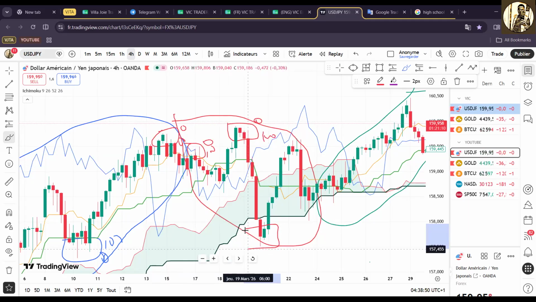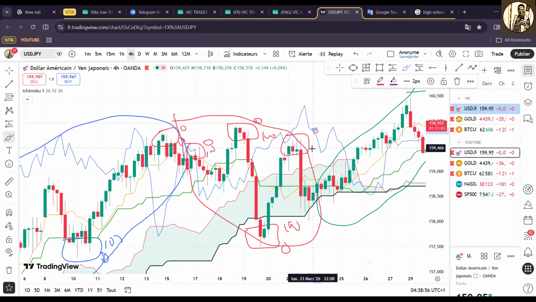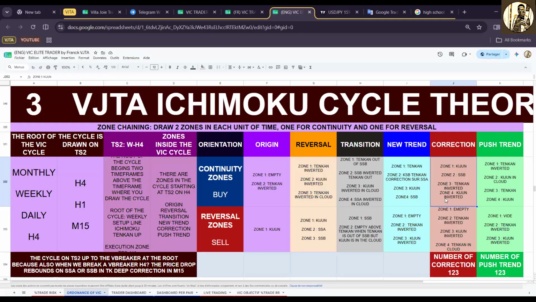But zone for continuity to the upside, you have this one, 0, 100, right? To upside. Zone for reversal, you have this 0, 100. And zone for continuity, you have this one, 0, 100. So continuity for correction are Kijun, SSB, Tenkan inverted, and Kijun inverted, right?